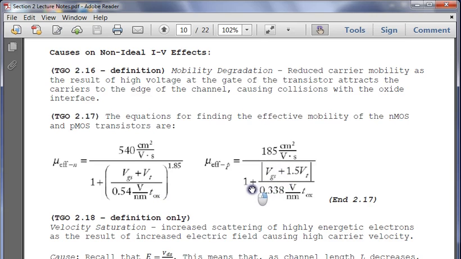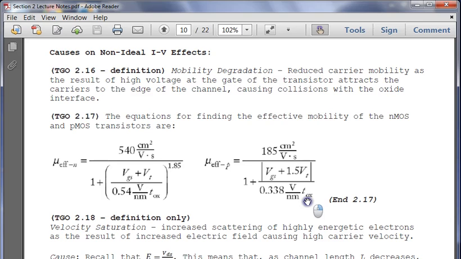Again, 1 plus the gate-source voltage plus 1.5 times the threshold voltage divided by 0.338 V/nm times the thickness of the oxide. And all of these numbers have been experimentally determined.